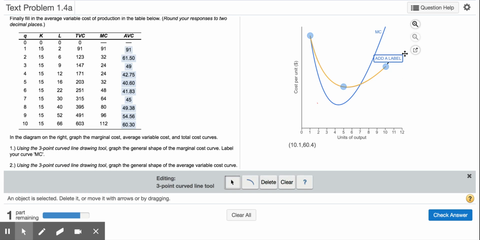All right, this is a good approximation.